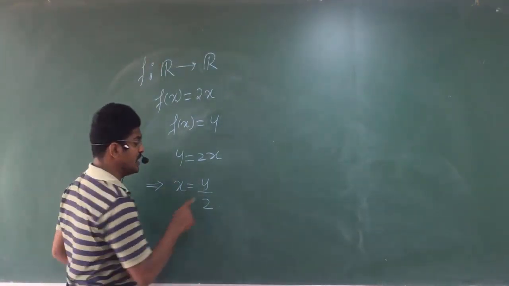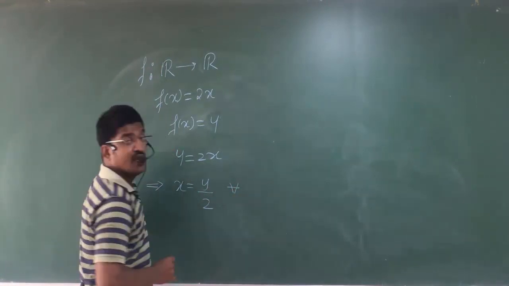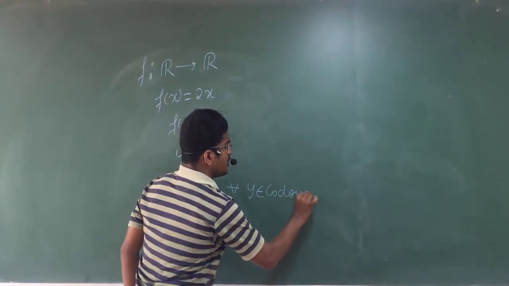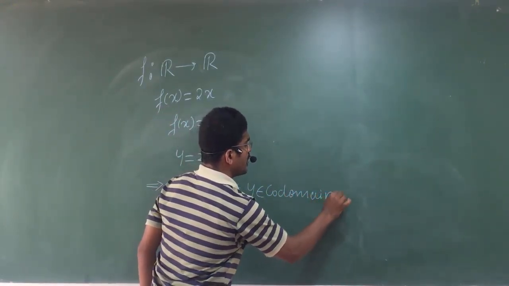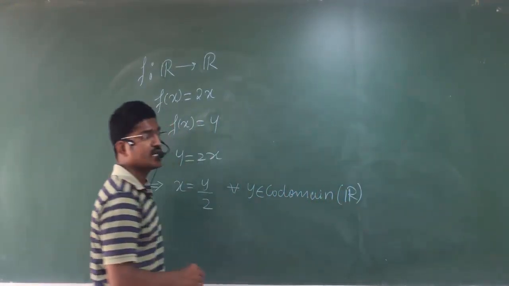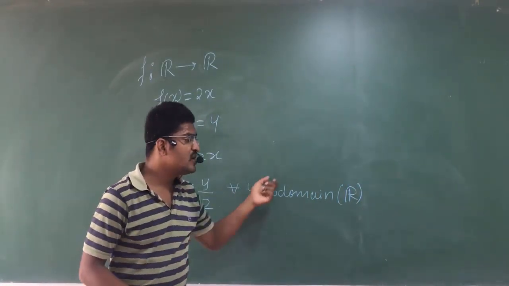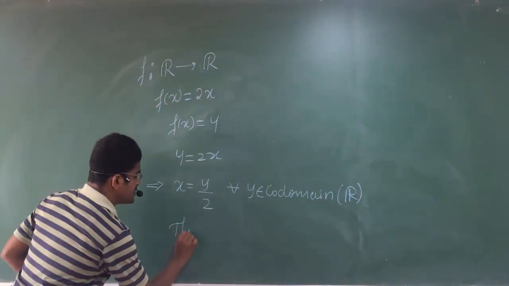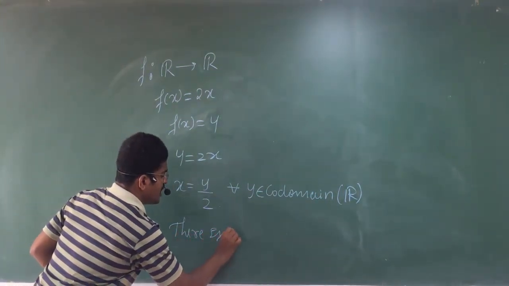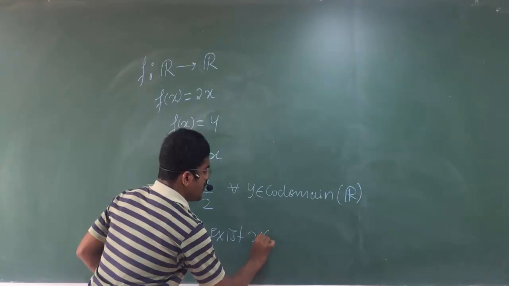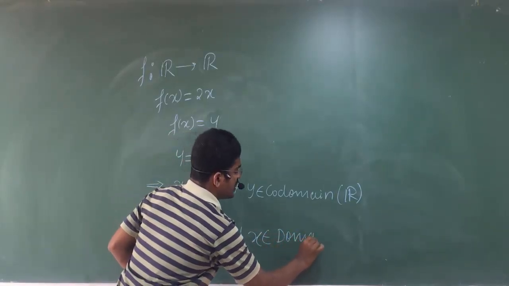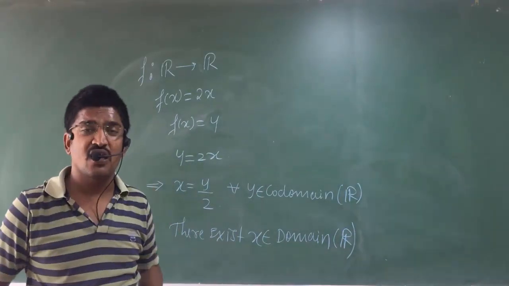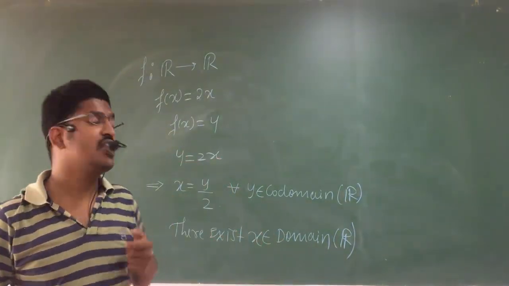Again I will repeat. For every y belongs to codomain, that is the real number set, there exists x belongs to domain, that is R, again a real number set.